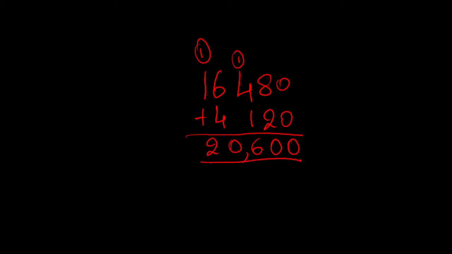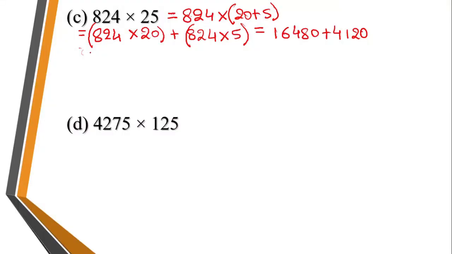Now here we will get our answer as 20,600. Now our answer for this question will be 20,600. So there is our answer. 20,600 is our answer for this question.